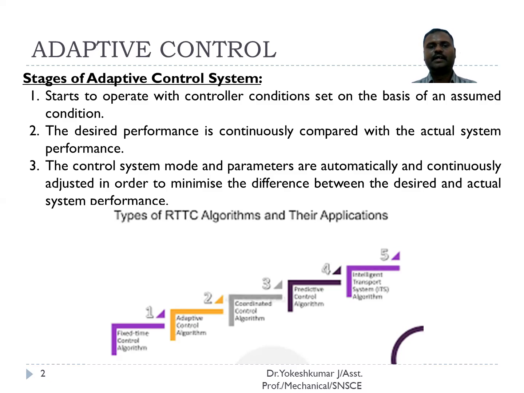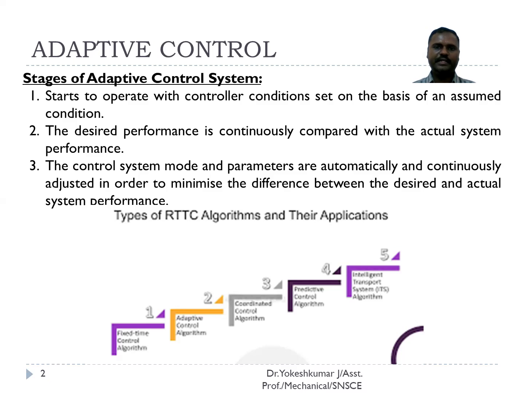The third stage is that the control system mode and parameters can be automatically and continuously adjusted in order to minimize the difference between the desired and the actual system performance. Once it is measured and compared, if the deviation is more, it gives more control signal. If the deviation is less, it gives less control signal, and this changes automatically and continuously.